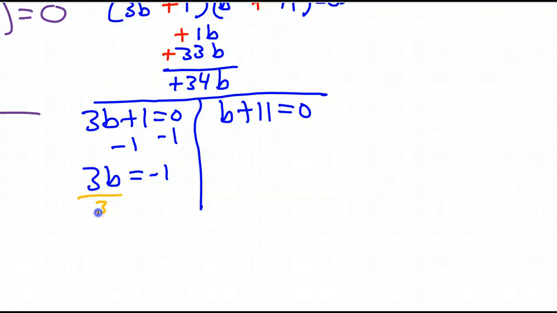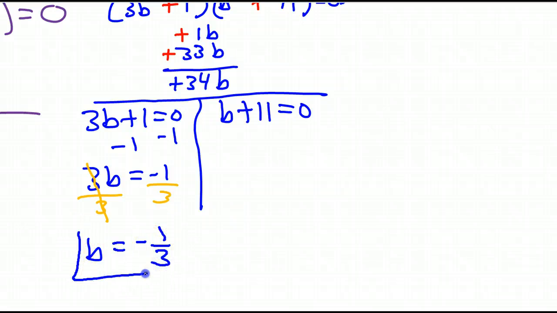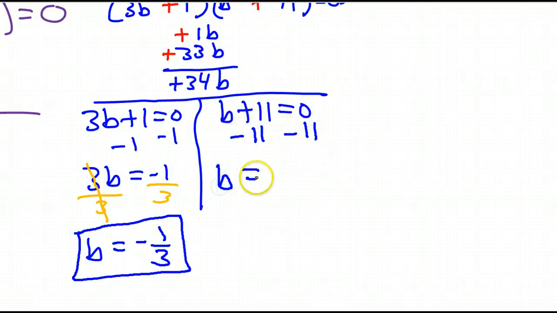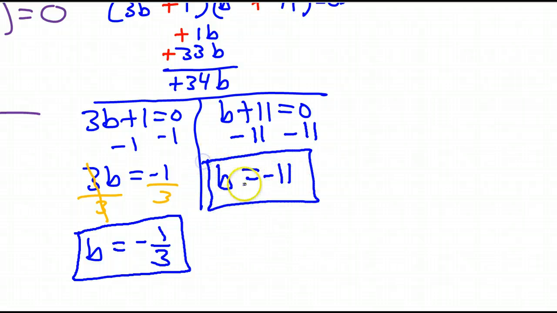If I then divide both sides by 3, that's going to give me b equals negative 1/3. So that is one of my answers. Meanwhile, if I subtract 11 from both sides, I'm going to get b equals negative 11. So that is my other answer.